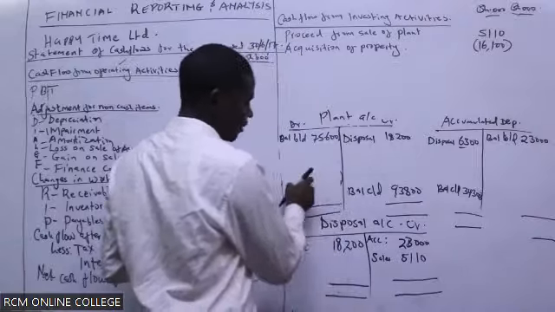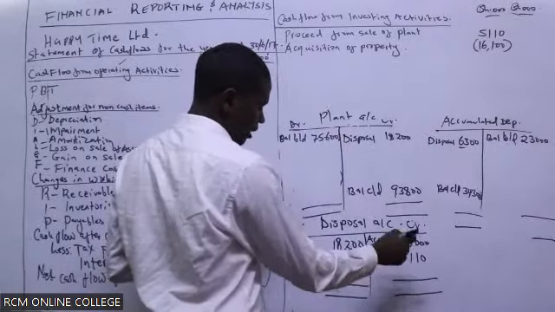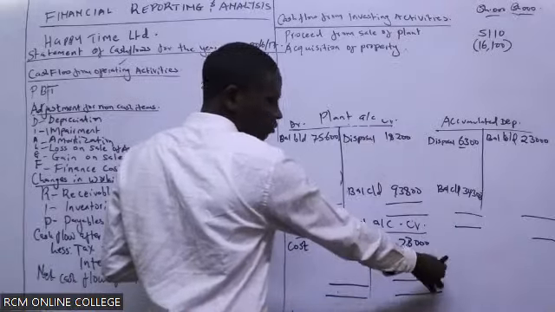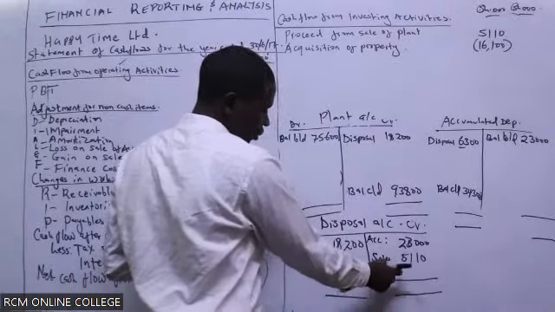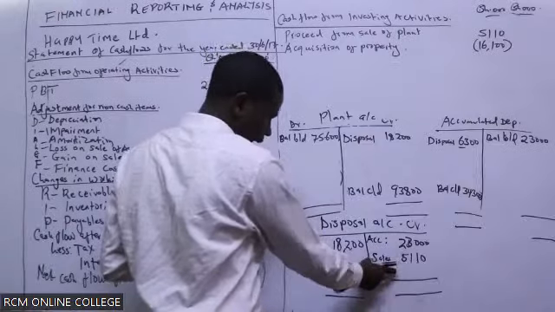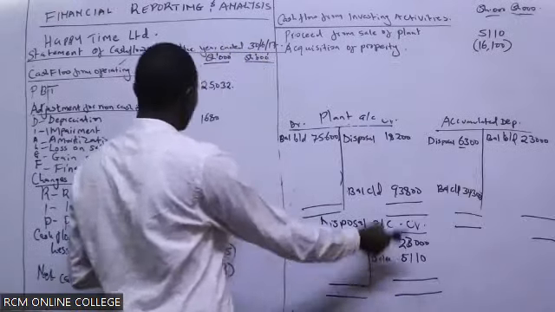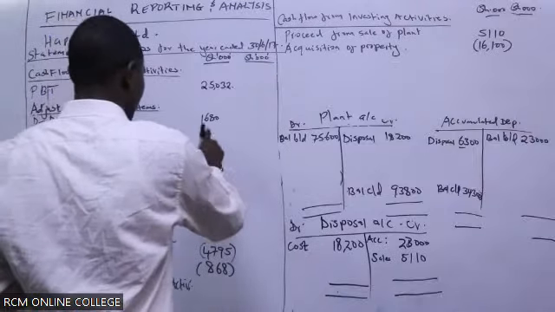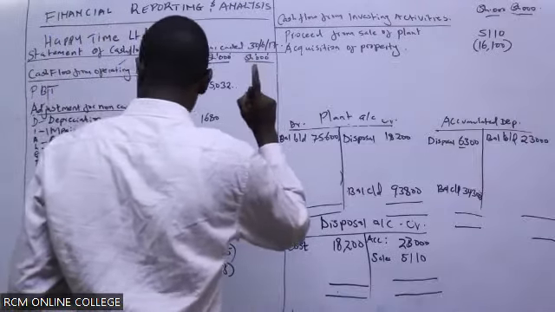Of course, when we get the balancing figure here, since the cost side is already large, it will be a loss on disposal here. Loss on sale of asset. Loss is subtracted, so we add here in this case.